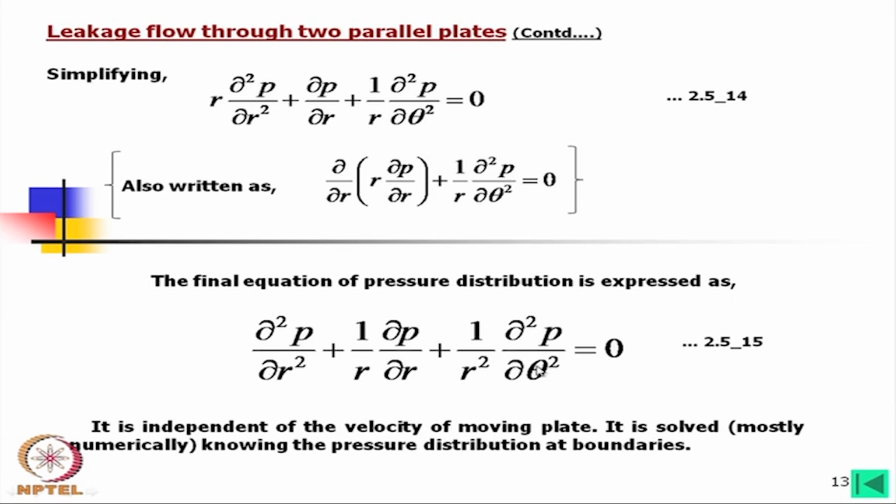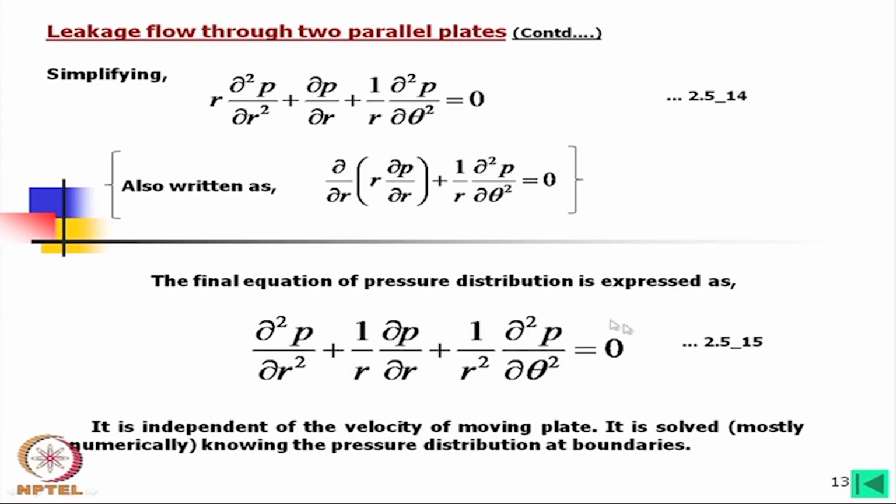Now, the question is that in that case, what is the benefit of developing these equations? These equations we have developed considering the gap is constant, there is no converging film. This means that if the capillary gap is maintained constant, then irrespective of the motion of the plates, the pressure distribution will be in this form.